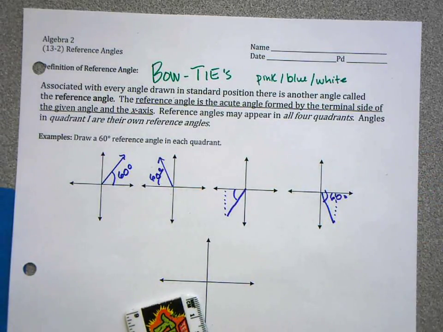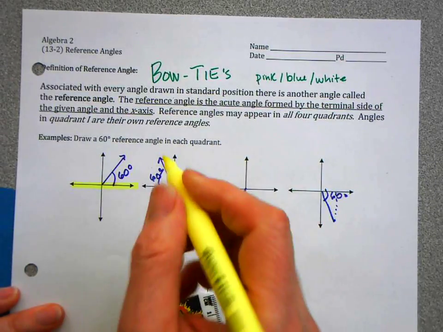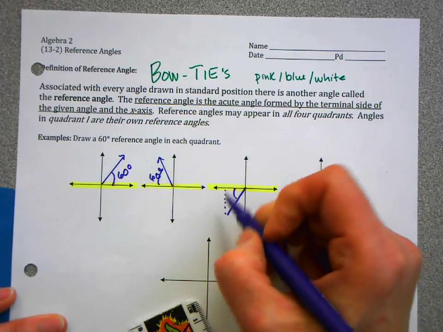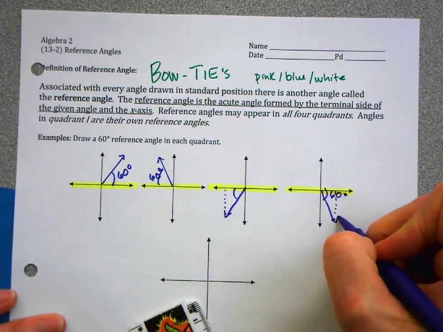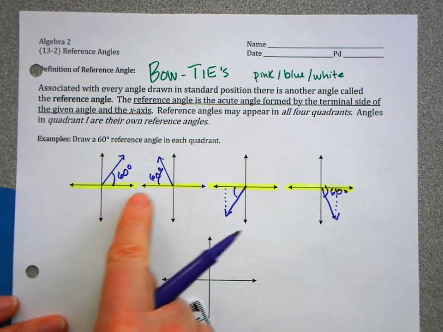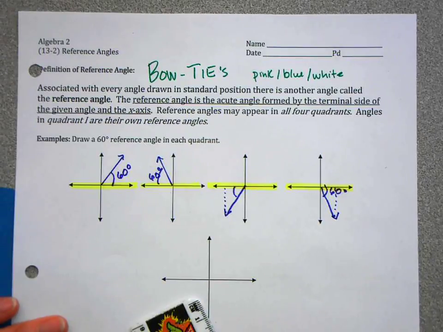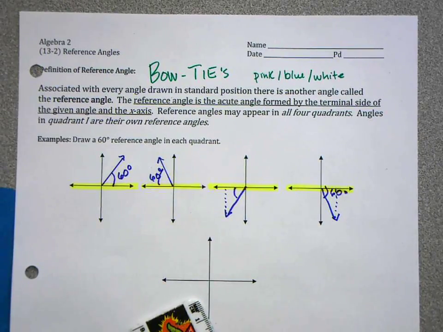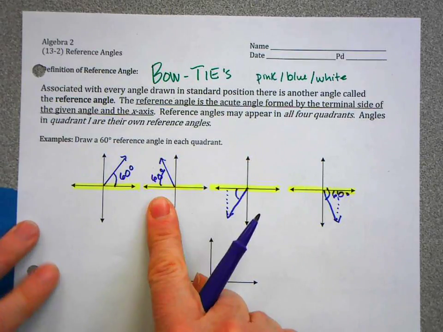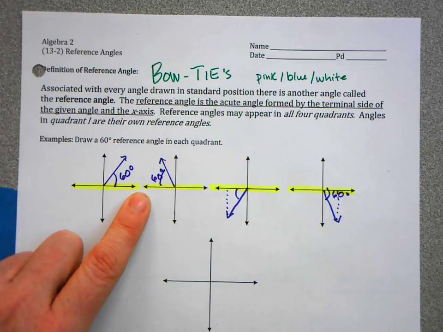So notice the unifying factor. You put an arrow into every quadrant, and what angle does it make with the horizontal? If this is a 60-degree reference angle, then it's a 60-degree angle with the x-axis. Now, I see quite clearly that this is 60 degrees. What is the measure of this reference angle in the second quadrant?